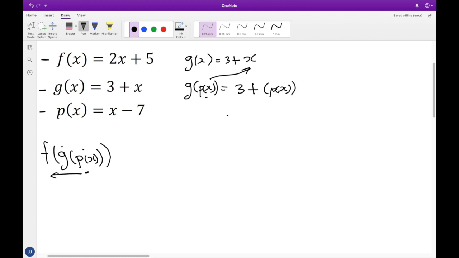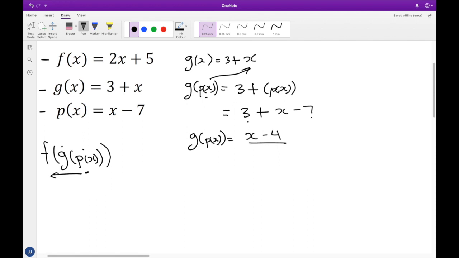So that would be 3 plus the p of x, which is x minus 7. So what is 3 minus 7? 3 minus 7 would be minus 4. So x minus 4. So therefore, the g of the p of x, this is when I have the p function inside the g function, is x minus 4.